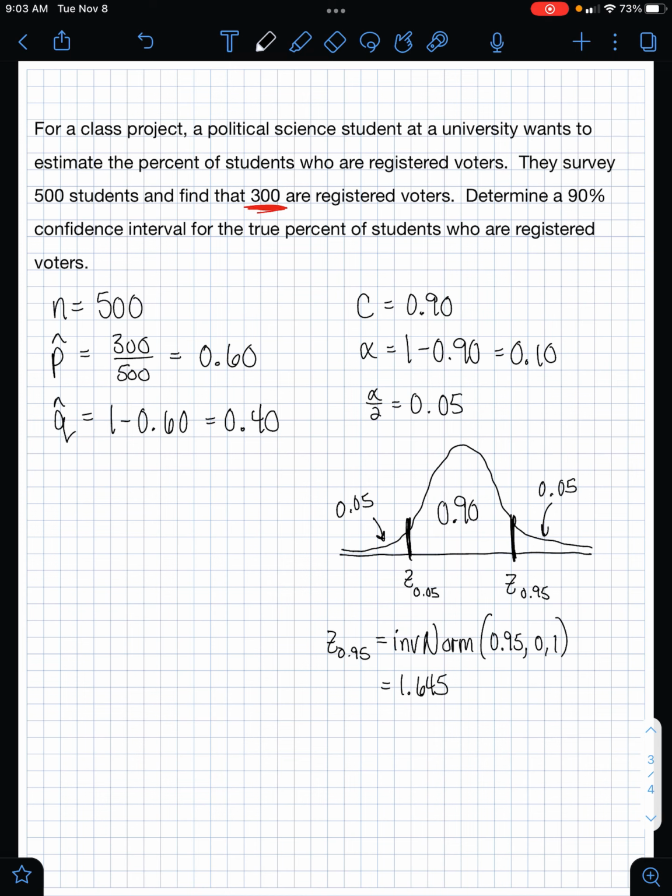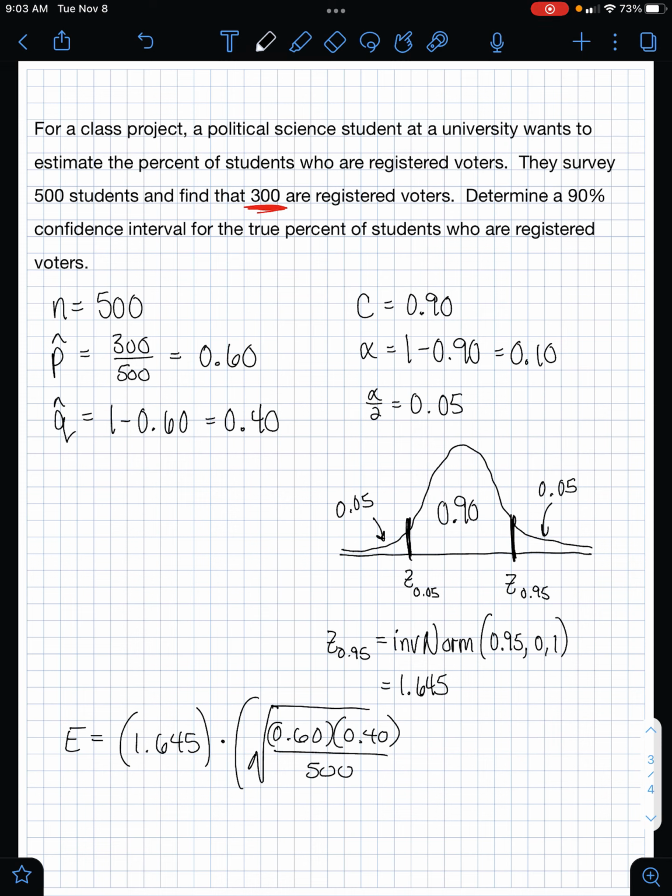And now we have all the pieces we need. The margin of error here is our z-score, 1.645, times the square root of p hat times q hat over n.